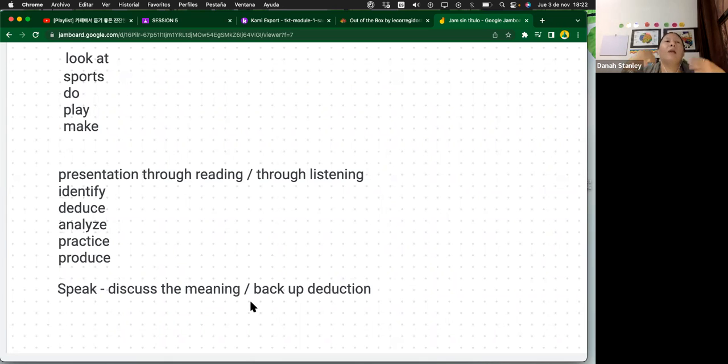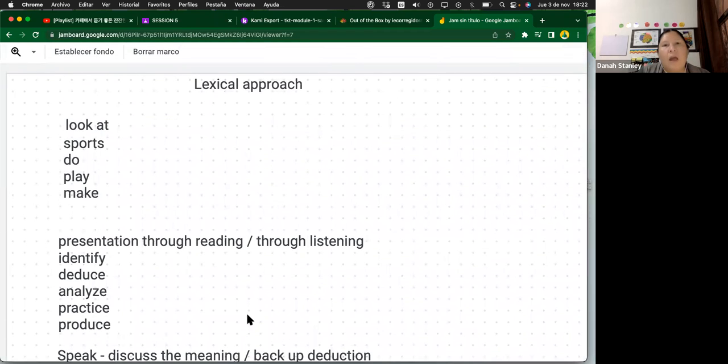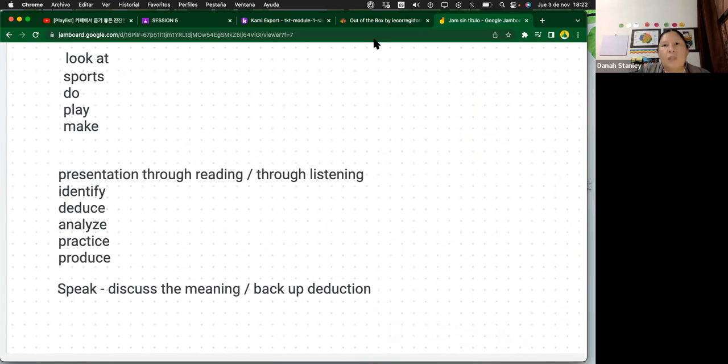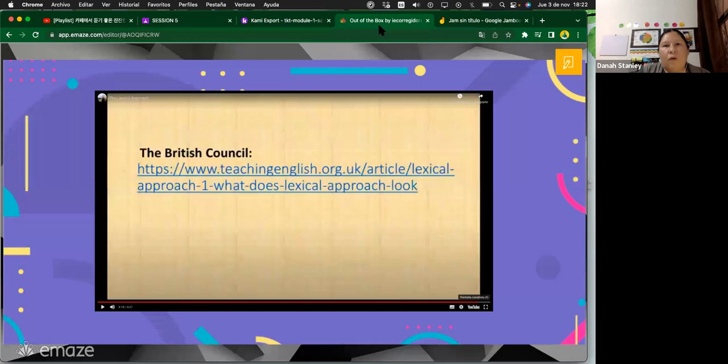So they can create a bank of words, a list of lexis, and because they came up with their own definition and the rule, pues also you are promoting students' independency, you are promoting collaborative work, and also pues they are going to feel more motivated and interested in the process of learning.